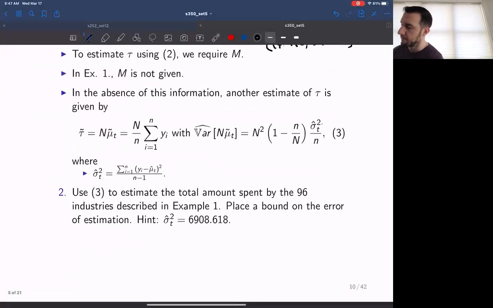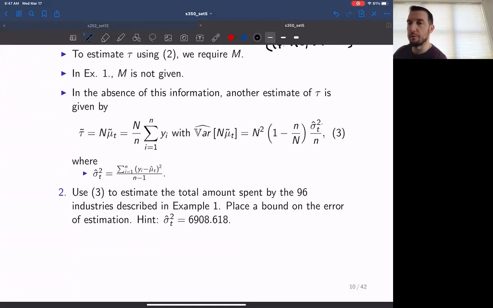So for example, in the previous illustration, suppose that we wanted to estimate the total amount spent on repairing the saws, but we do not have capital M. We can use the information given in equation 3 to find these estimates.